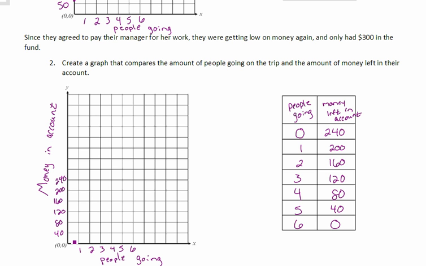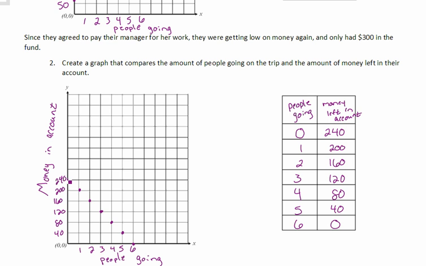So if 0 people go, we have $240 in our account. If 1 goes, we have 200, and we are going to, at a constant rate, decline until we have no money left. So a different type of equation because here we actually have 2 different intercepts, and that's what we're going to talk about in this next section, our intercepts.